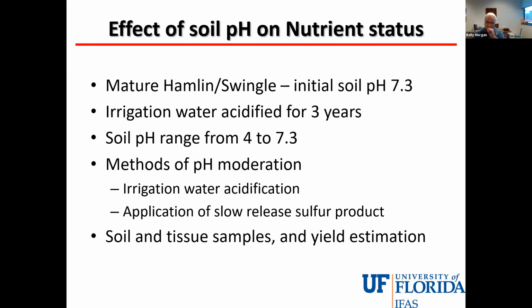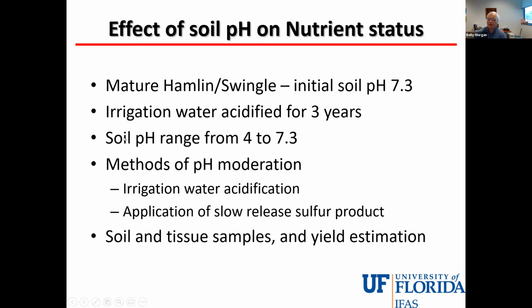So to illustrate that, we did a study on soil pH to look at nutrient status. Here we had a Hamlin orange with an initial soil pH of 7.3. We irrigated with acidified water for 3 years. We had several pH ranges of water from 3 to 6.